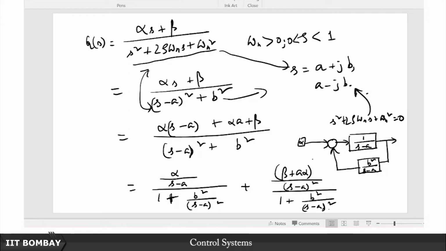I put it to you that you check, this is a trivial exercise now, having done so much of classical control. If this is your u and this is your y, then you check that the transfer function between this u and this y is given exactly by this term.